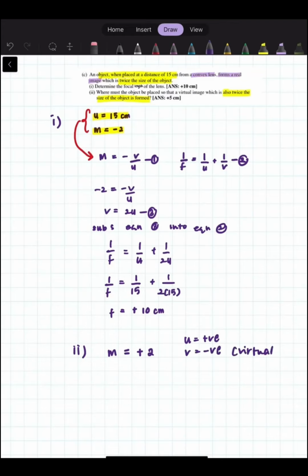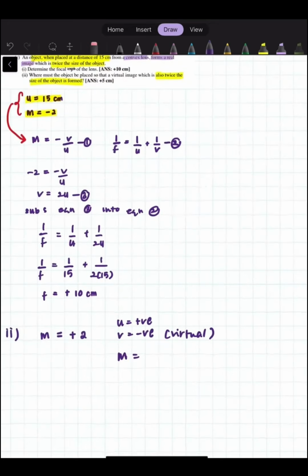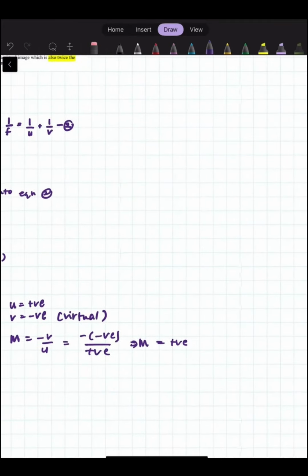And we know that a virtual image is going to be upright because if we insert it again into the magnification equation, you're going to get a positive value and it shows that the image formed is upright. M here is equals to positive value, upright position.